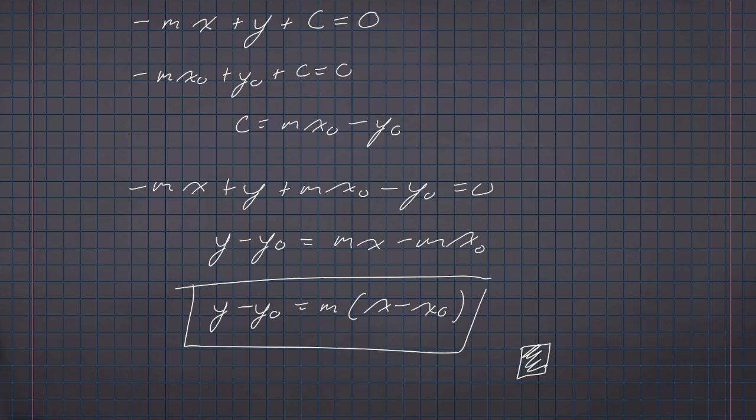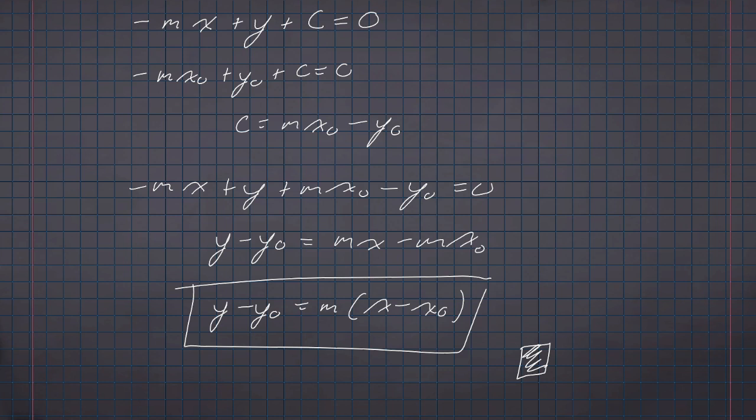And that is, in fact, all we need to do for this proof. We assumed that we had a line that passed through both of these points. We went through and did some work and found that that line must be the graph of the equation y minus y0 equals m times x minus x0.